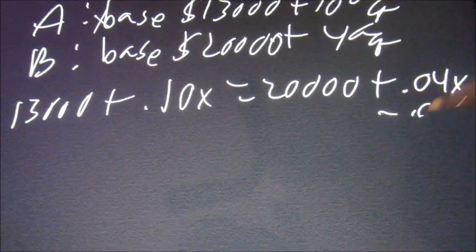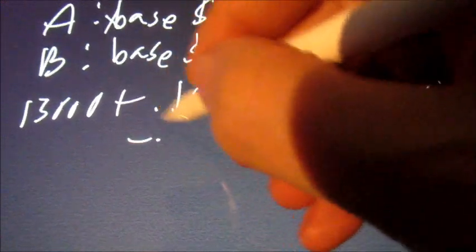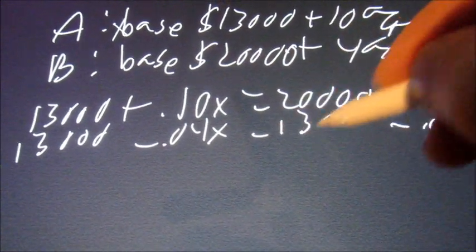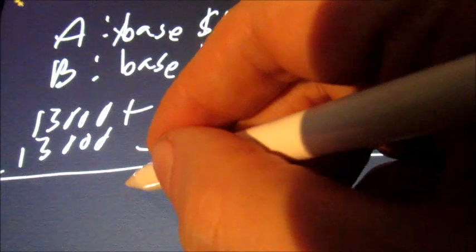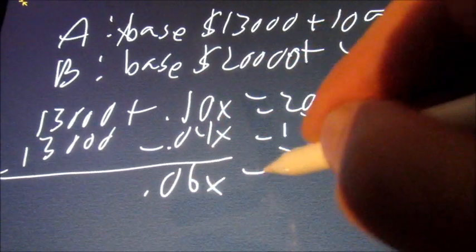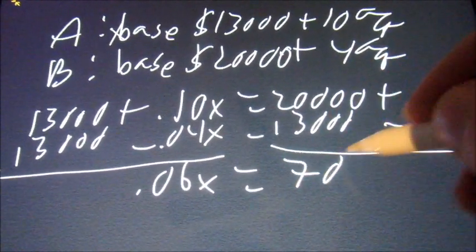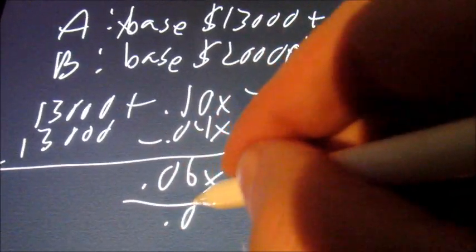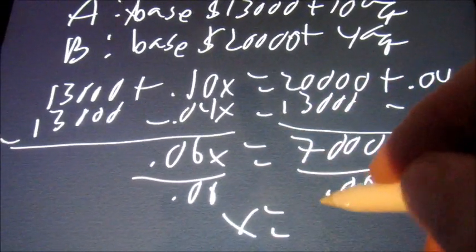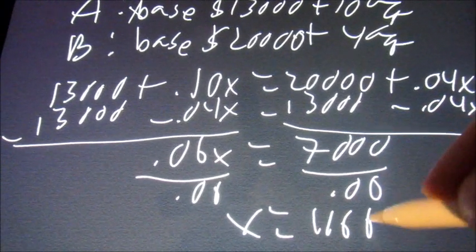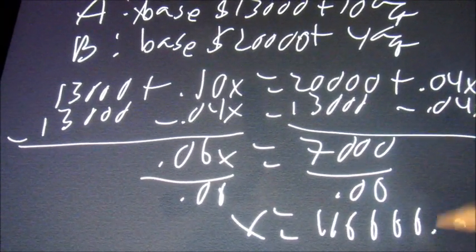So I'm going to subtract the 0.04x from both sides and subtract 13,000 from both sides, which is going to give me 0.06x equals 7,000. Divide both sides by 0.06, and x is 116,666.67.